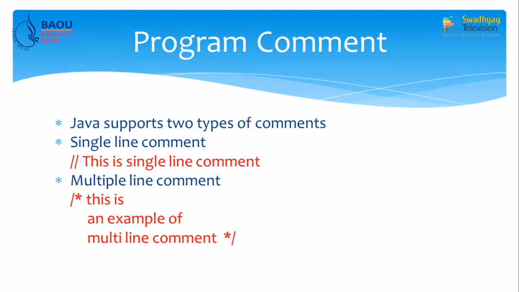Technically speaking, a comment is that part of a program for which object code is not generated. That means, the comment part is completely ignored by the compiler, and it is just for mentioning important documentation for your source code or coding part.